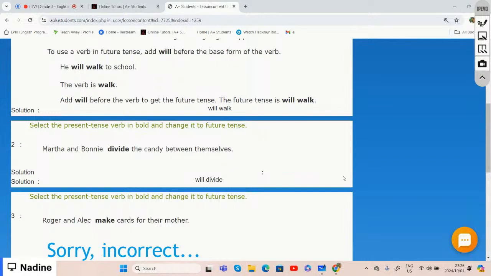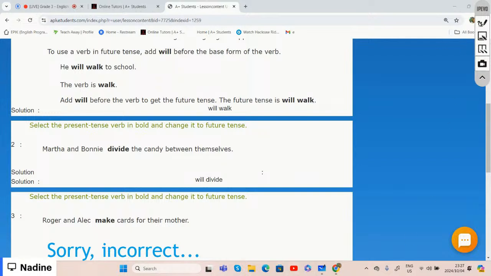How are we going to change that sentence into a future tense? All right.